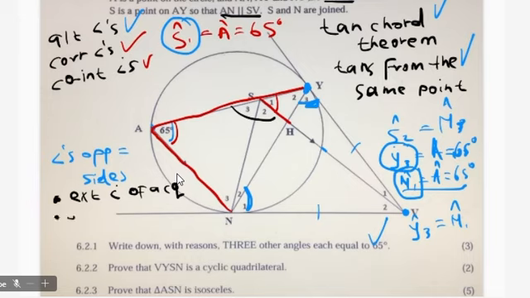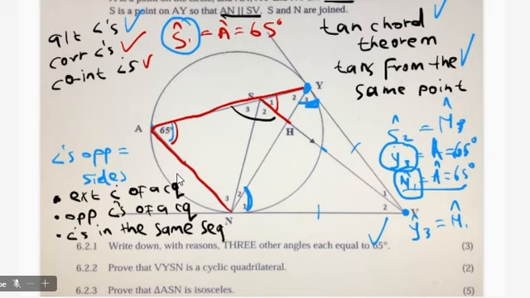Or you can say opposite angles of a cyclic quad, or lastly you can say angles in the same segment. So these are the reasons that you might use. When you come across these questions, you write down these three reasons so that you can see which one you are supposed to use. What we are actually proving here is that there's a circle here.